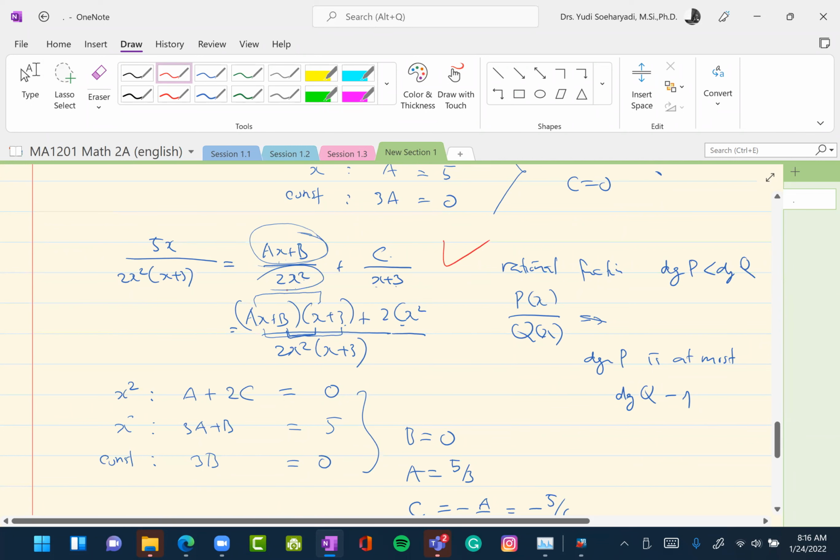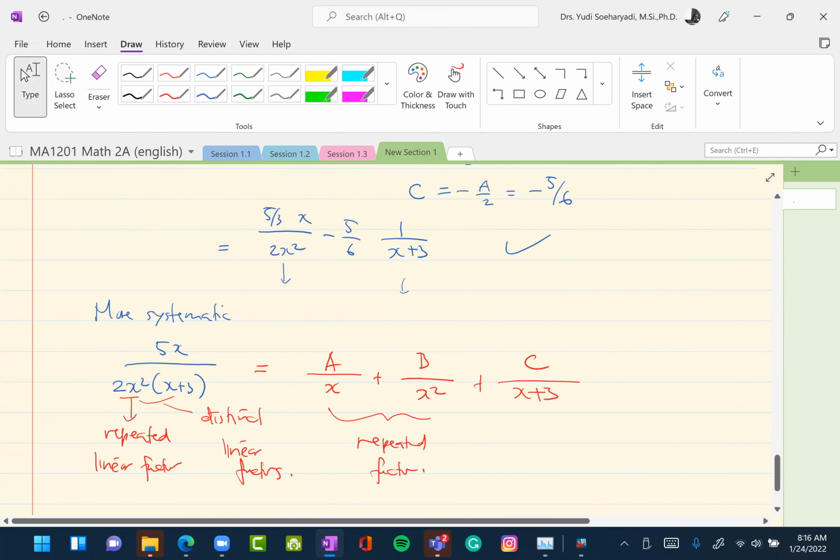But it's not as systematic as this one here. And they should be easier to integrate. This is ln, and it's just 1 over x. Okay.